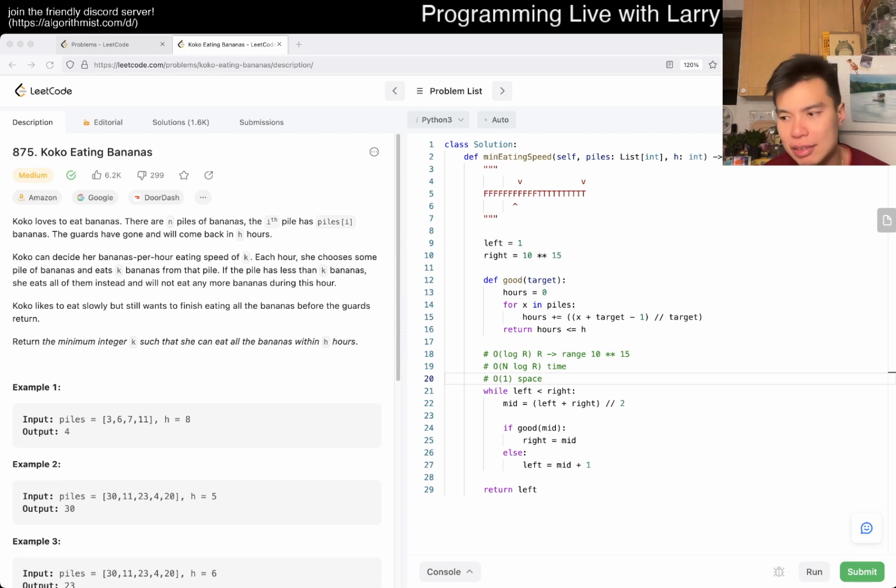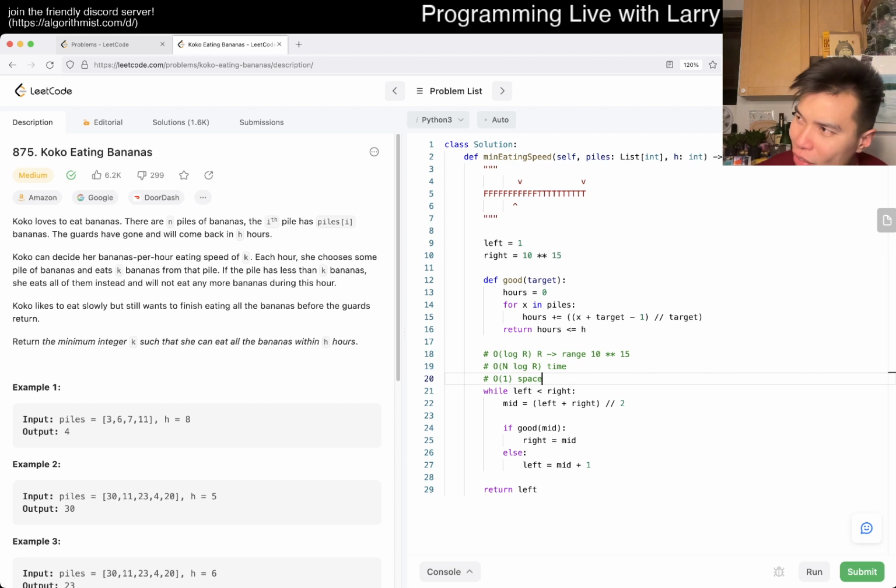I think the major shift with this problem, I mean, I guess we did it yesterday, so it's kind of hard to say it today again, but the major shift is that now you're searching for an answer and figuring out a way to justify that answer either as true or false, and then try to do that in as fast as possible. 10 to the 15 is, what is that?